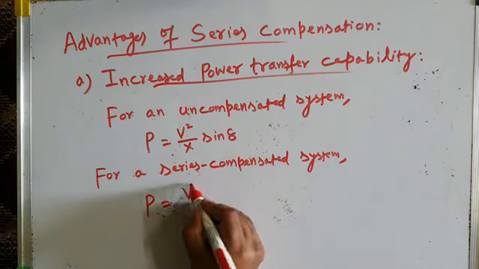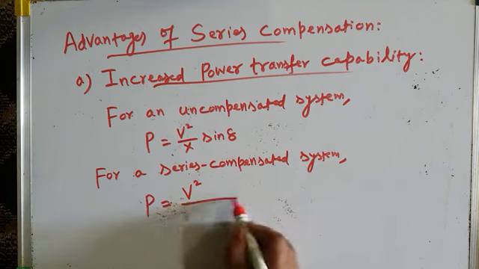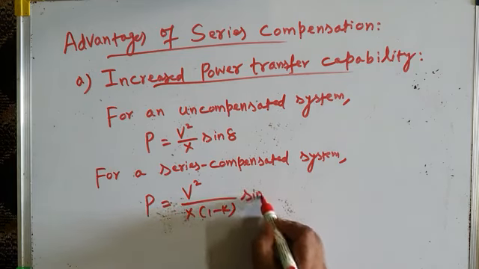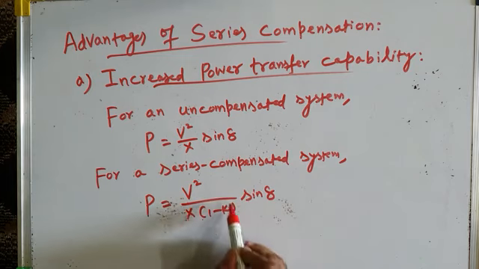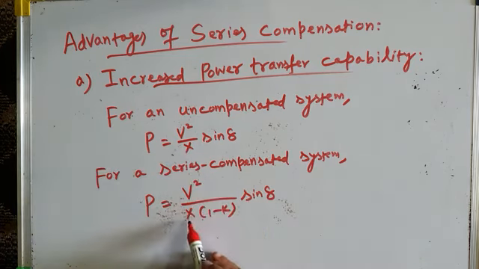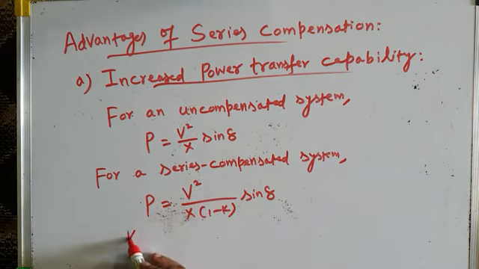So the power transferred over the line is V square by X times (1 minus K) into sine delta. So the denominator of this equation gets modified. X gets replaced by X into (1 minus K), where K is equal to Xc by X, called the degree of series compensation. We already know it. Xc is the capacitive reactance of the series capacitor, which is placed in series with the line.